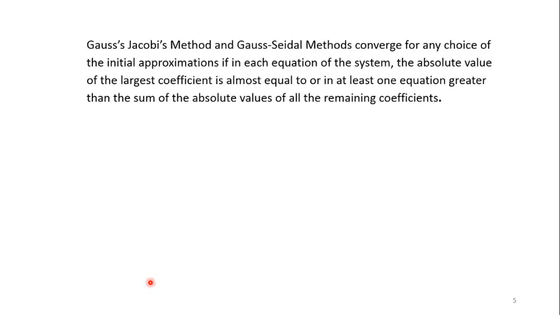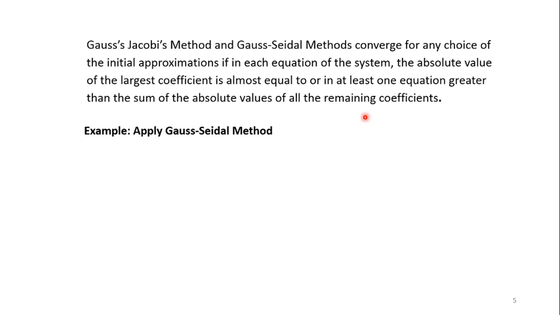Both methods converge for any choice of the initial approximation if, in each equation of the system, the absolute value of the largest coefficient is at least equal to, and in at least one equation greater than, the sum of the absolute values of all the remaining coefficients.